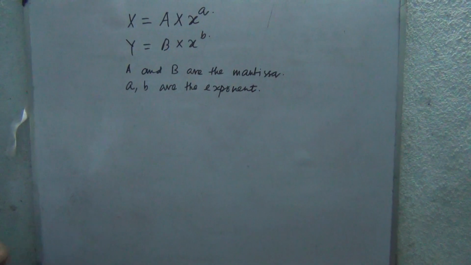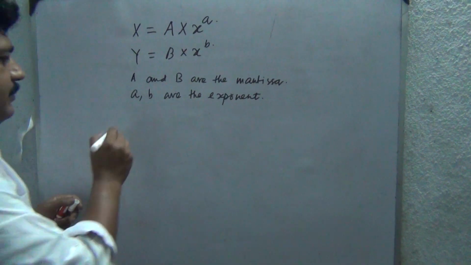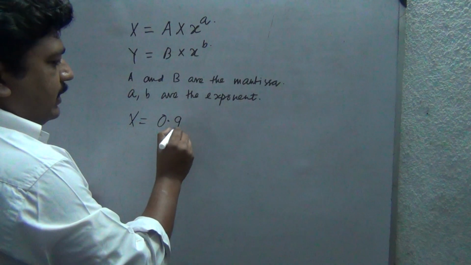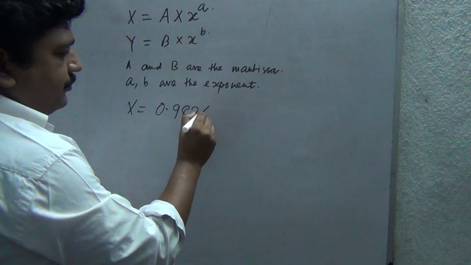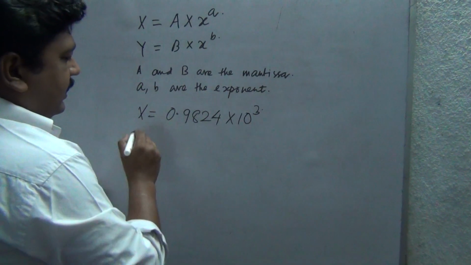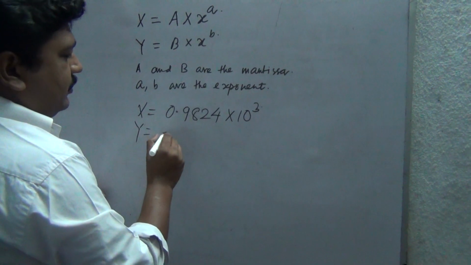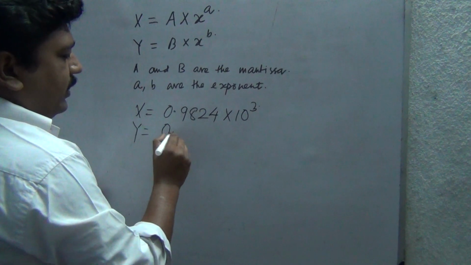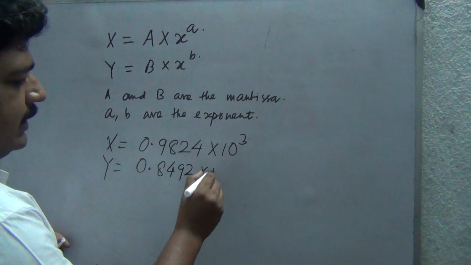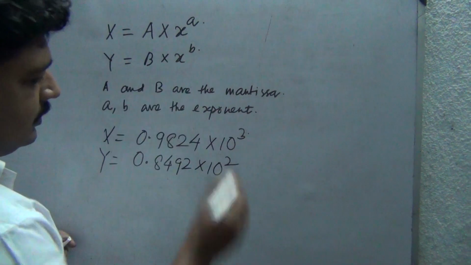Now come to the real figures. Suppose x is equal to 0.9824 into 10 to the power 3 and y is equal to 0.8492 into 10 to the power 2.